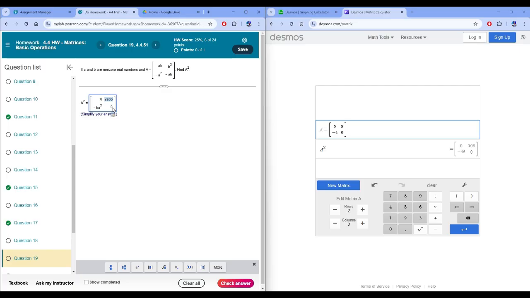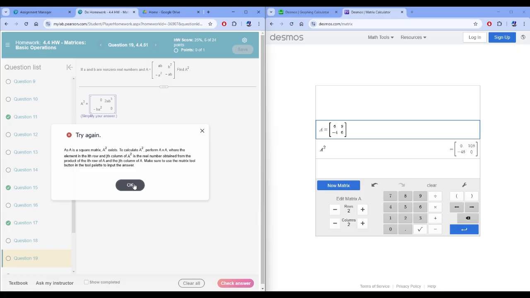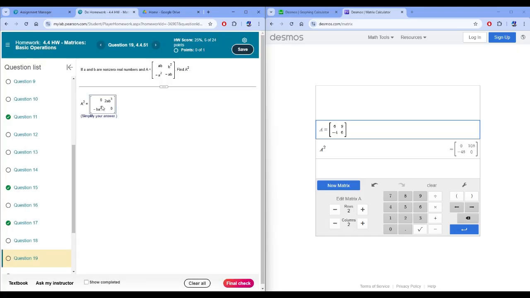B. Let's do B to the third. And then this one is going to be, how do I get negative 48? Negative 48 times that. Negative A squared times A squared is 2.